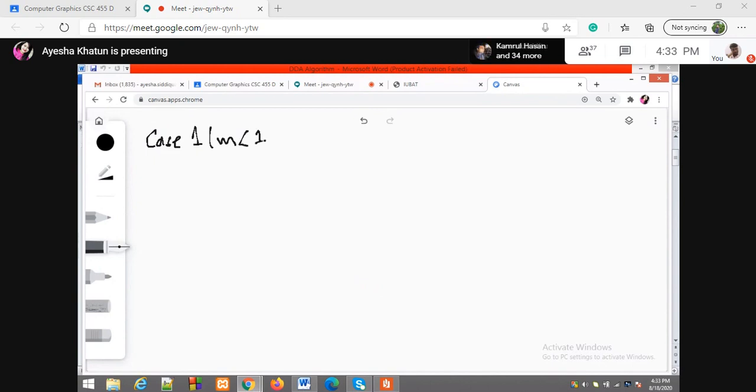So if m is less than 1, what we know is m is equal to y2 minus y1 divided by x2 minus x1, right? That is the initial value. So here, instead of x1, x2, I'm writing xk, that is the starting value, and the ending value, let's say xk plus 1.